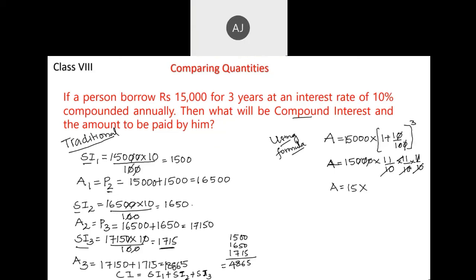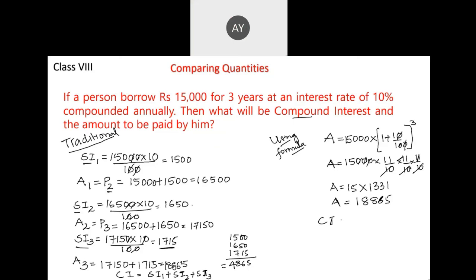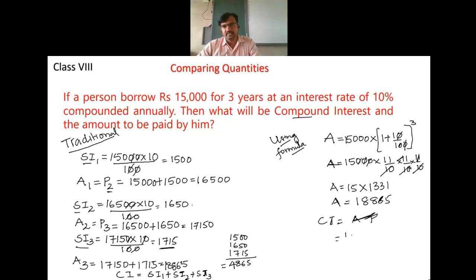15 into 1331. We find the amount: 18,865. Now the compound interest is amount minus the principal. Amount is 18,865 minus principal 15,000.